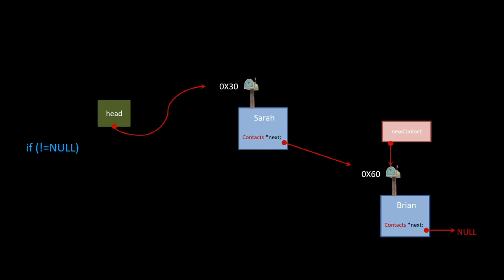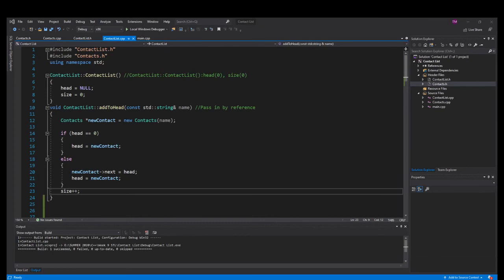So what I want to do is go back to Visual Studio and start implementing what's happening in those parts of the code inside that function. Here we are back in this add to head function, and I'm just passing name, and I've got the contacts in there. My first condition is: is head equal to 0 or null?